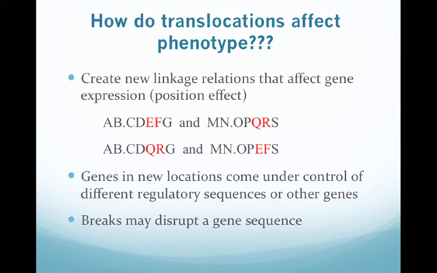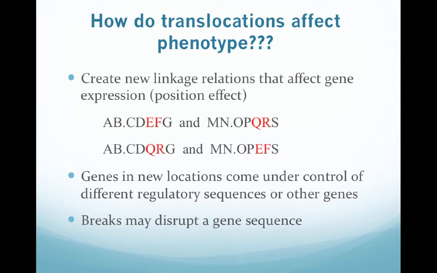If genes are moving to a new location, they may come under the control of different regulatory sequences or other genes. So if we do see that exchange of genetic material take place, realize that it could still work and be upregulated and turned on. It's just going to be regulated by different sequences or genes.